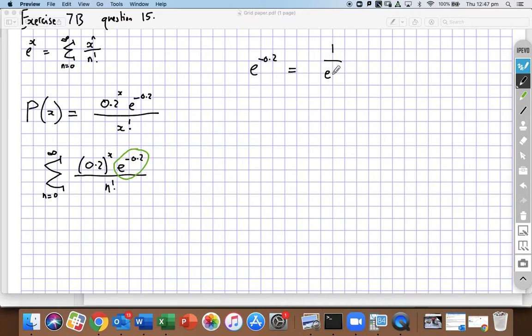I don't know exactly what it is. I think it's approximately 0.8-ish, but I'd have to check. It's hard enough for me to remember what e is, let alone e to the minus 0.2. So it's just some number, and in a sense, you could say that it's like a factor that we could take out of the sum.